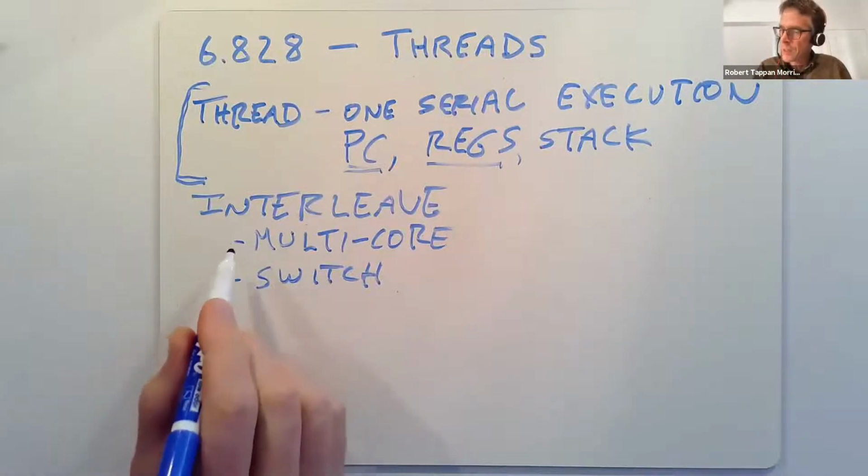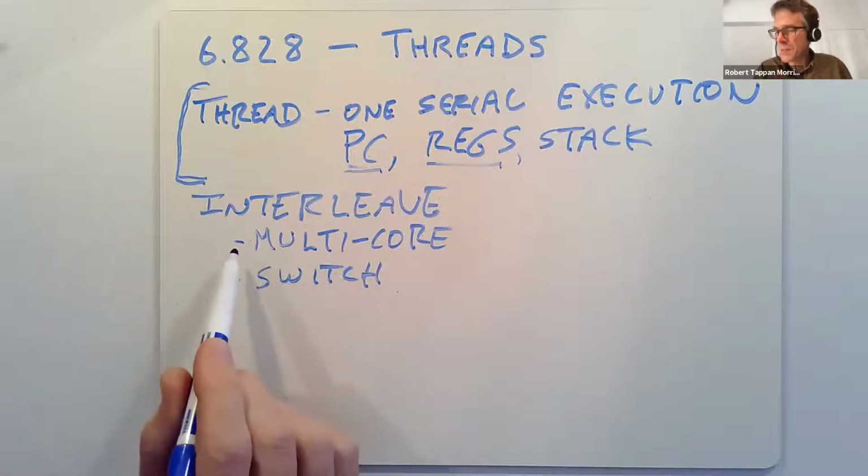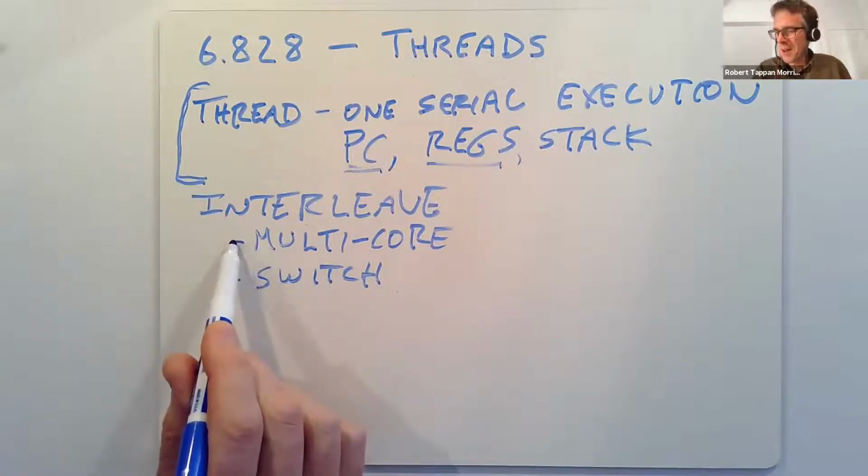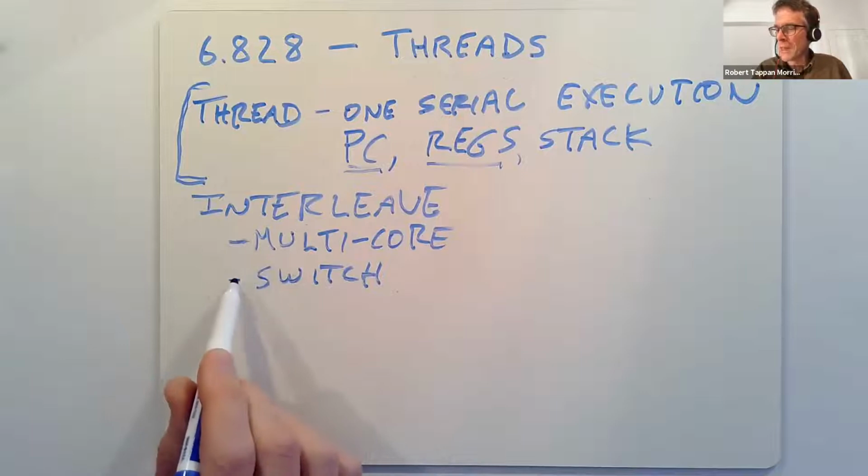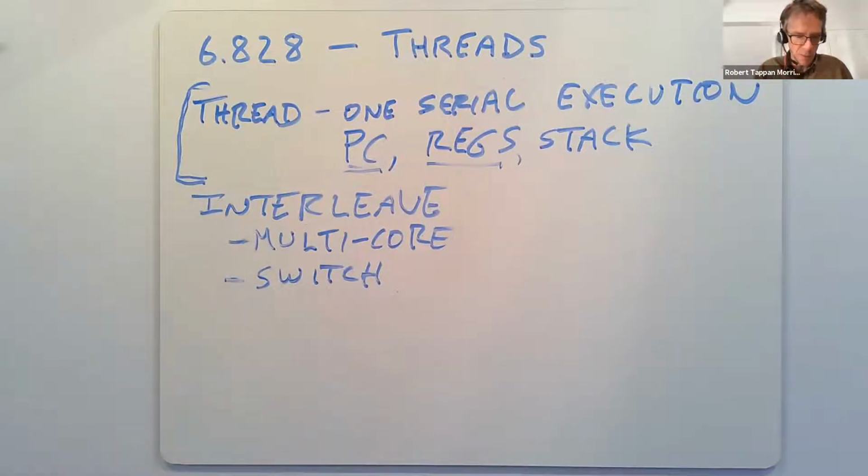And indeed, x86, like most operating systems, combines these. x86 will run threads on all the cores that are available, and each core will switch among threads. Because there's typically, although not always, many more threads than there are CPUs.